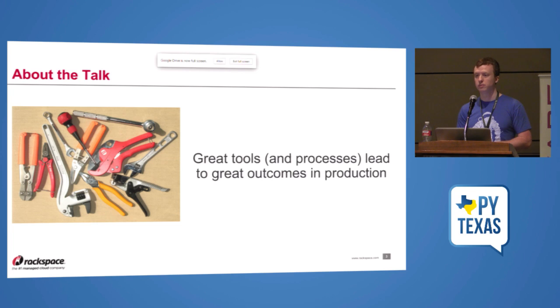I built a service that works with OpenStack on-metal, and going through that experience really helped me learn a lot about the different things that are available for Python for making great projects, and I want to try and share the stuff that I learned with you all. And I'll try and give small examples of each tool as I go.